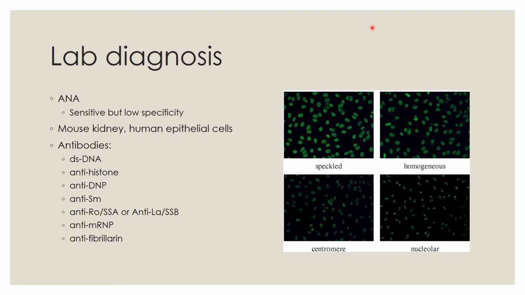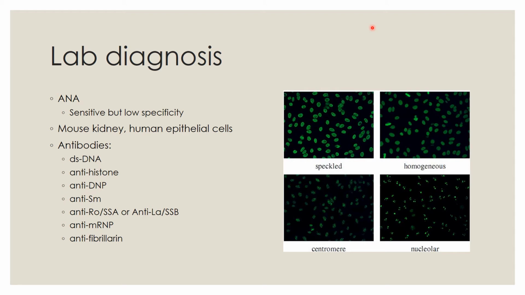Some hospitals have decided that instead of reporting those low titers, they're going to raise the bar for negative, okay? That's going to change your sensitivity a little bit because you're going to miss some of those SLE patients who might be in remission, but you're going to stop triggering positive results for so many patients who don't have SLE. But the reality is it's not an absolute test, okay?